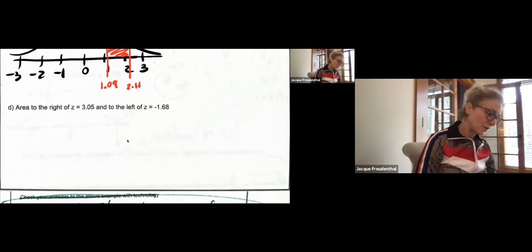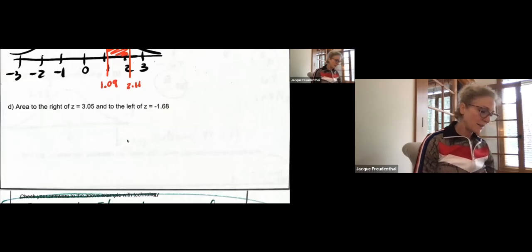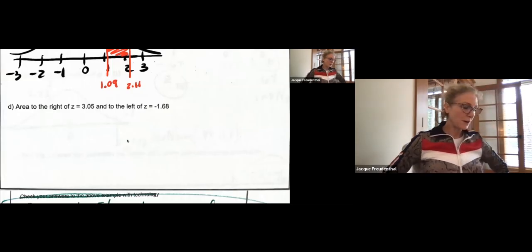I'm going to give you a moment to draw the picture out. Part D, area to the right of Z equals 3.05 and to the left of Z equals negative 1.68.